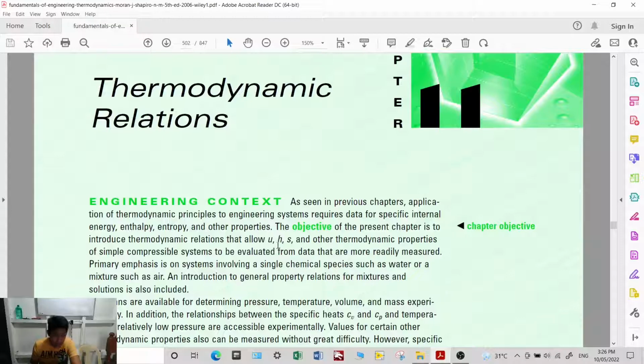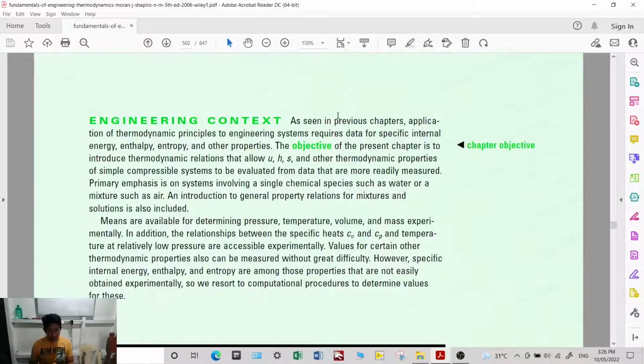Internal energy as well as enthalpy. The enthalpy is U plus PV, so it involves internal energy as well as the entropy, no? So these properties cannot be measured experimentally, so that is why it is calculated.